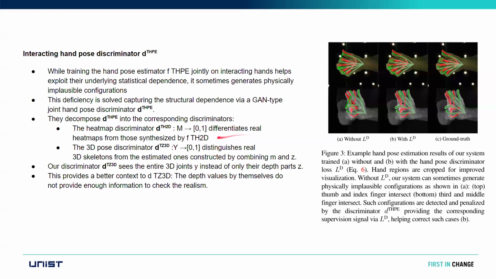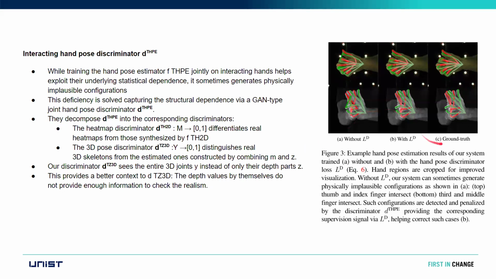The heat map discriminator differentiates real heat maps from synthetic ones, and the 3D pose discriminator distinguishes real 3D skeletons from estimated ones, constructed by combining M and Z features inside the model. So the discriminator sees the entire 3D joints instead of only the depth part. When you put the entire 3D joints into the discriminator, it provides better context, but when you give only depth, it's not enough to check the realism.